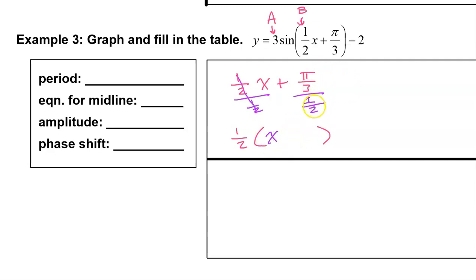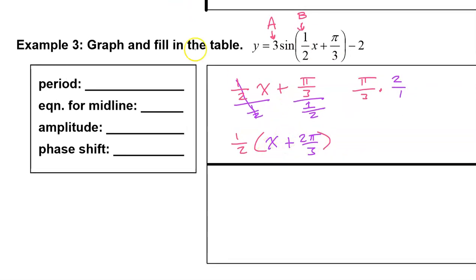When you divide by a fraction, you multiply by the reciprocal. So this will be the same thing as 2 pi over 3. I'm taking the pi over 3, and I'm multiplying by 2 over 1. So that gives me 2 pi over 3.